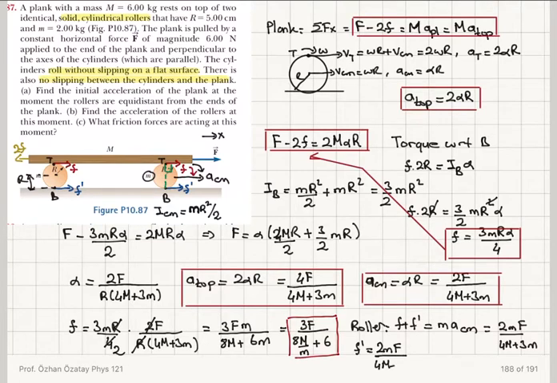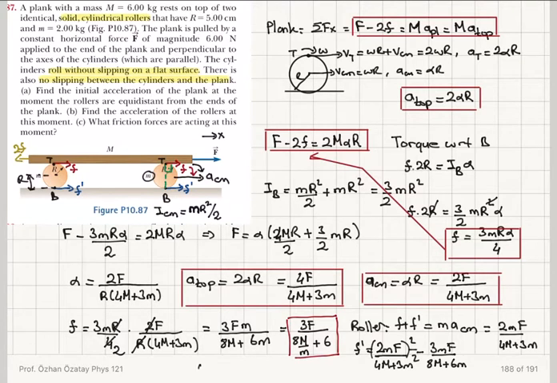So F prime will be equal to 2mF over 4M plus 3m minus f, which is 3mF over 8M plus 6m.